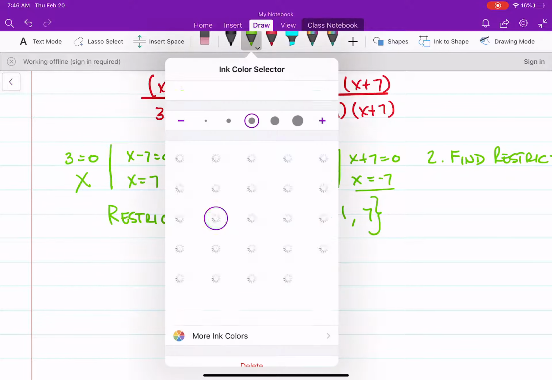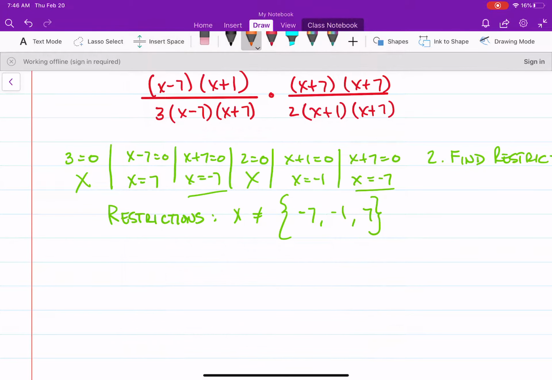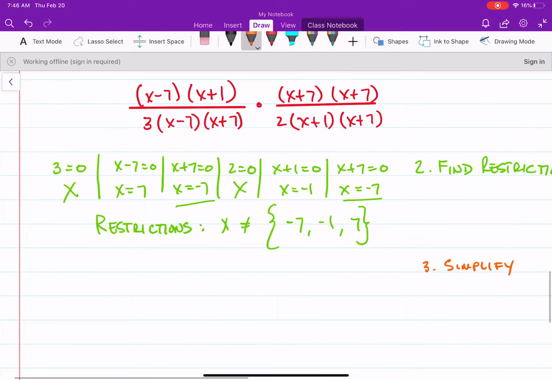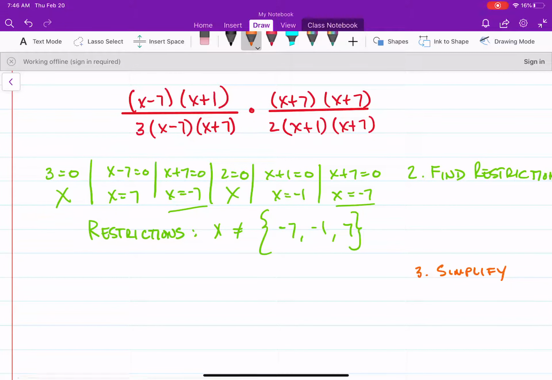So step 3 would be to simplify. So I'm going to rewrite this and multiply them. So I have x minus 7, x plus 1, x plus 7, and x plus 7.